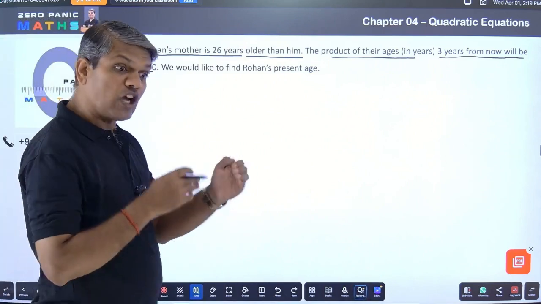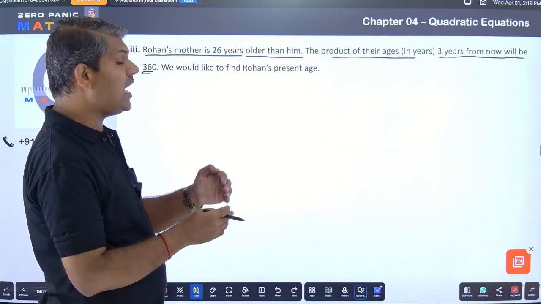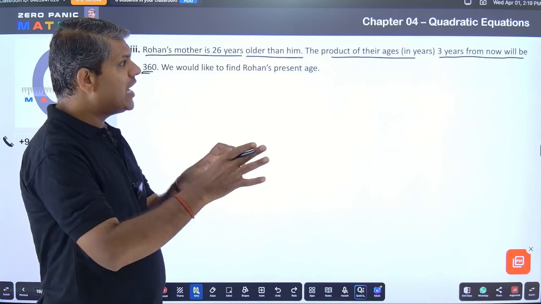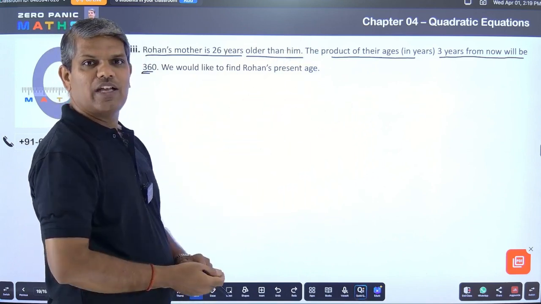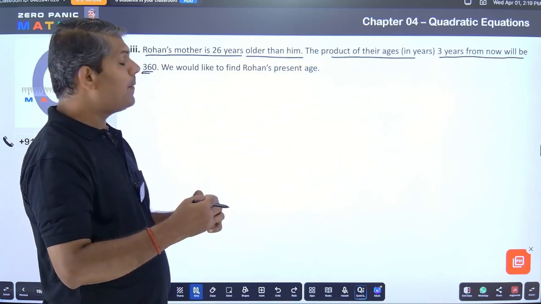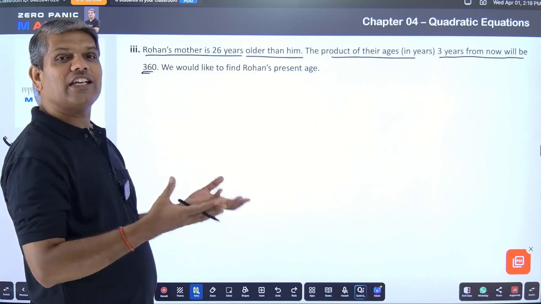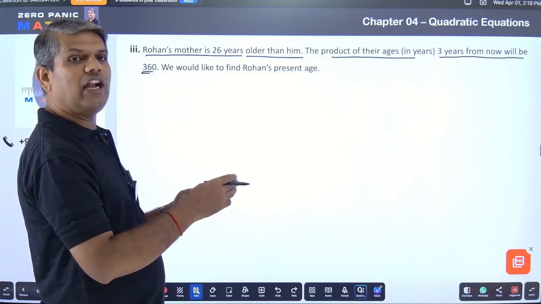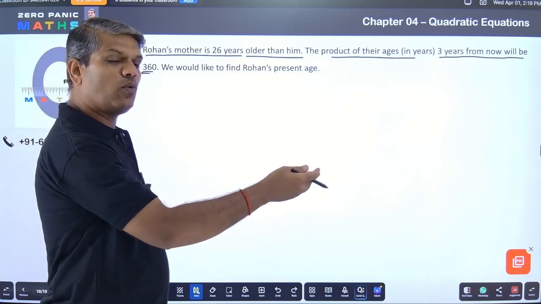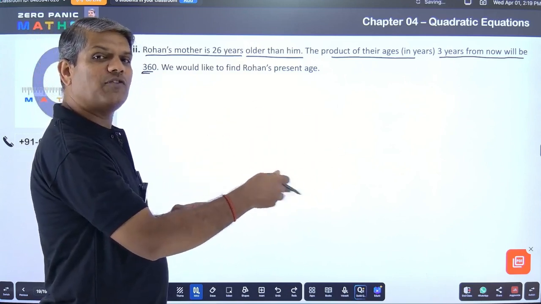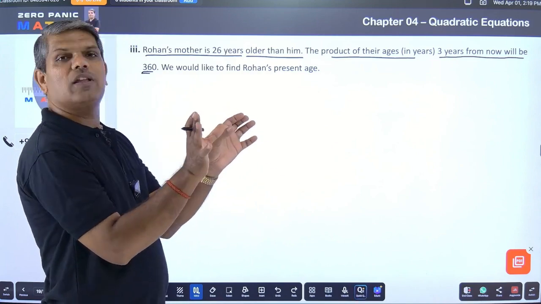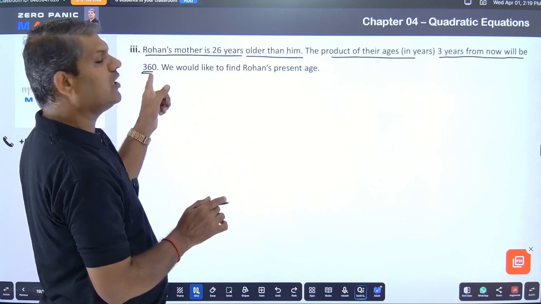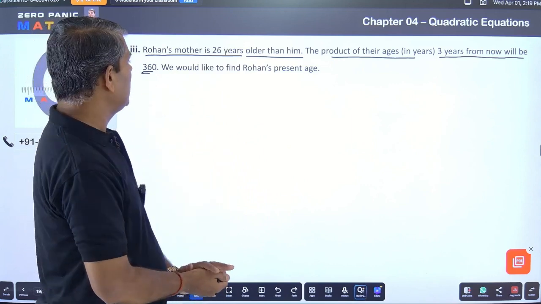Listen carefully: we first have to represent the current ages, then find their ages after 3 years and take the product, which is given as 360.